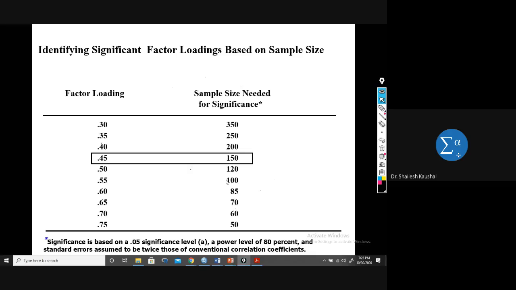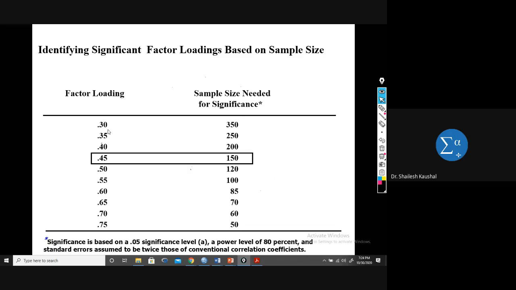Anderson. Sometimes if your sample size is high, like 350, and your factor loading value is 0.3, you can take this particular variable also, but the condition is that the other variables' factor loading values should be high, otherwise there will be an issue of validity.